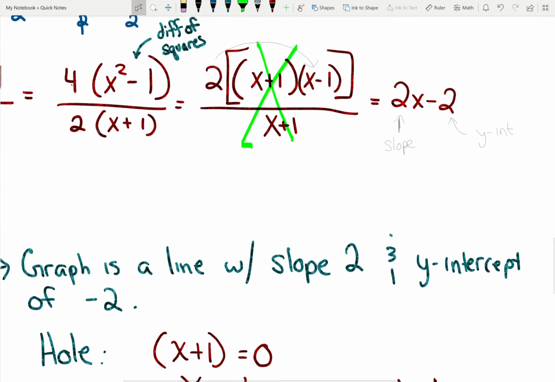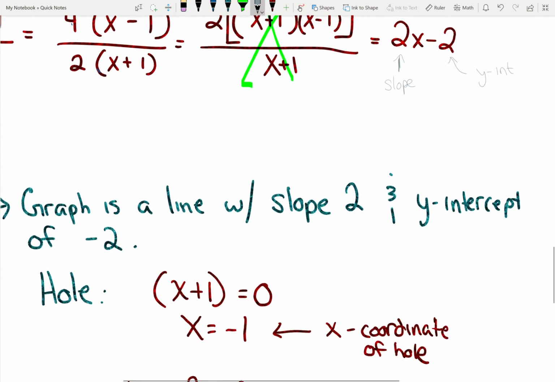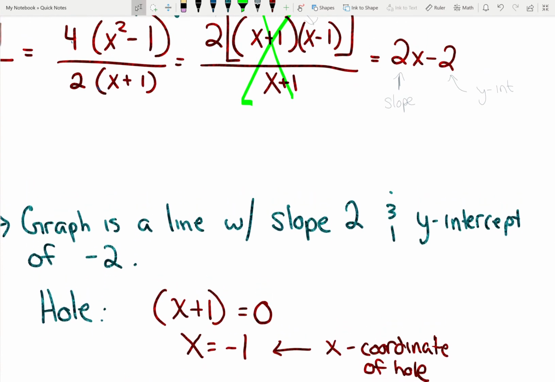But because terms ended up canceling out, there's a hole somewhere. And how do we find the hole? We set up the cancel term. Here it was x plus 1, and we set it equal to 0. Solve for x: x equals minus 1. This gives us the x coordinate of our hole.